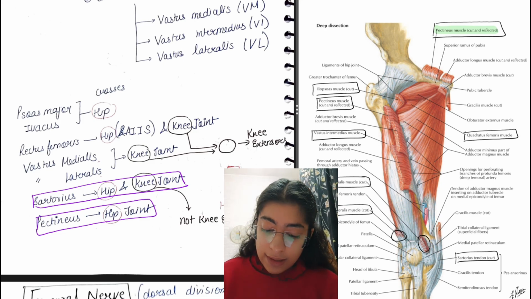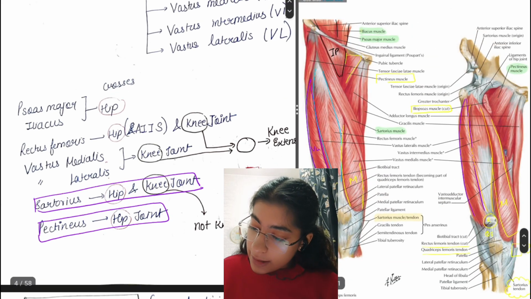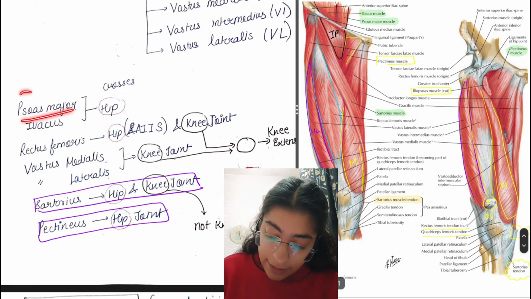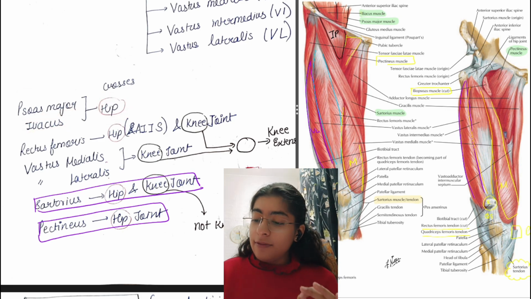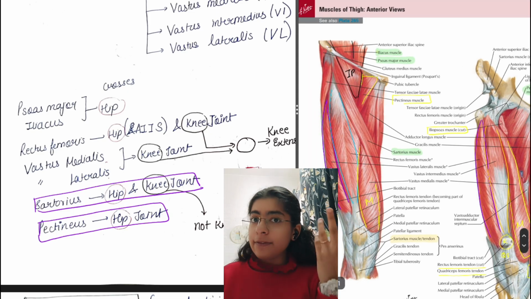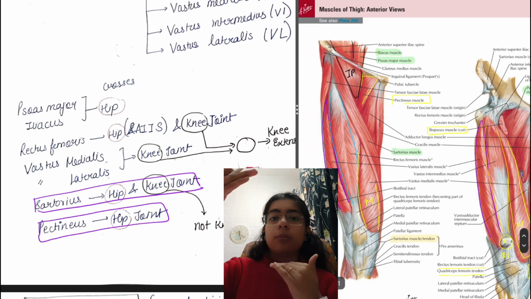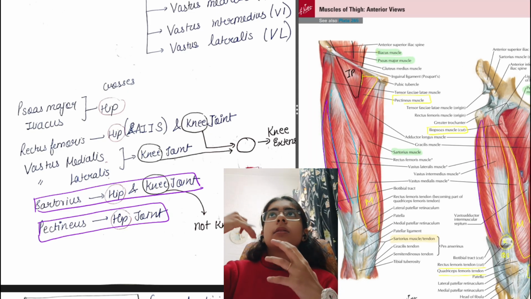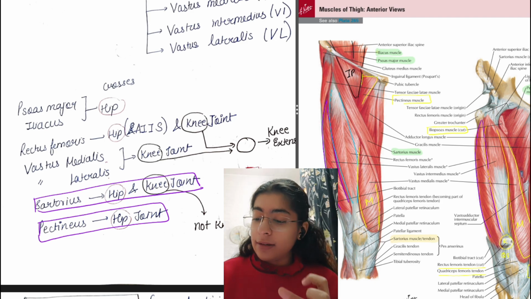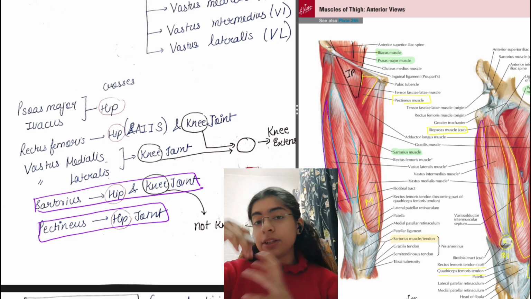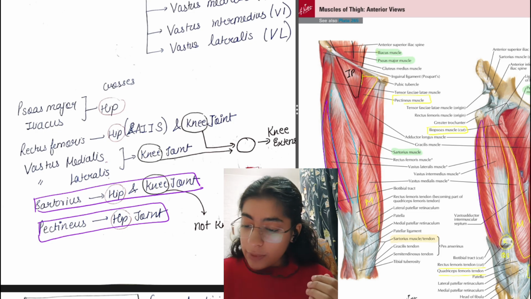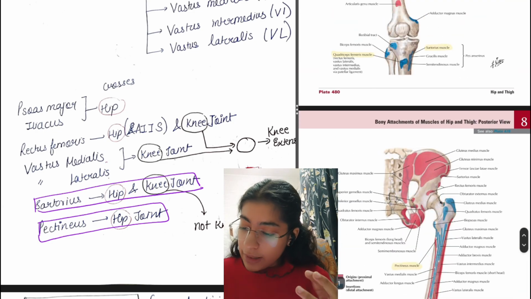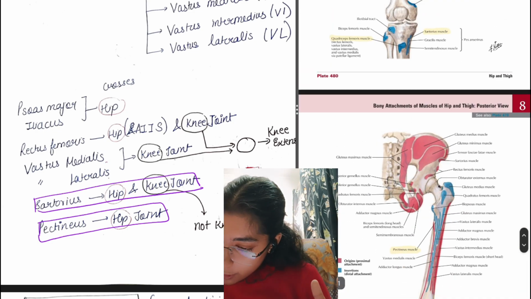Here you can see that the psoas major muscle and the iliacus muscle cross only the hip joint. We have understood it is originating majorly from the bones above, which is the hip bone, right? So it is originating from that and it is inserting onto the femur.